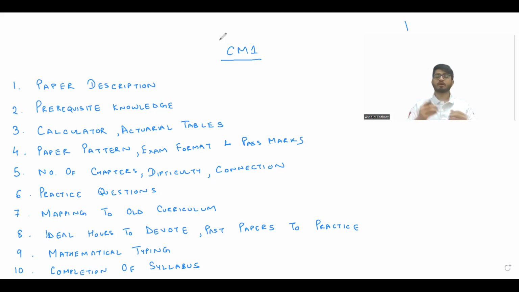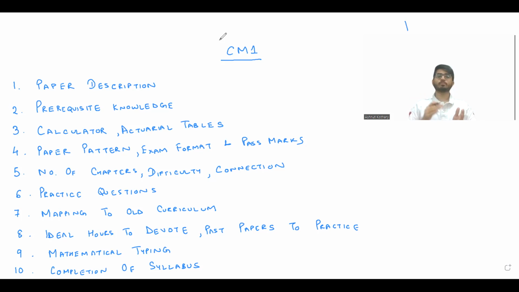At certain places, one or two things at a higher level might be required. That is something we would be covering through our class itself. For the second half of CM1, that is from chapter 14 onwards, students also need to know basic knowledge about something called a random variable, probability, expectation, variance.